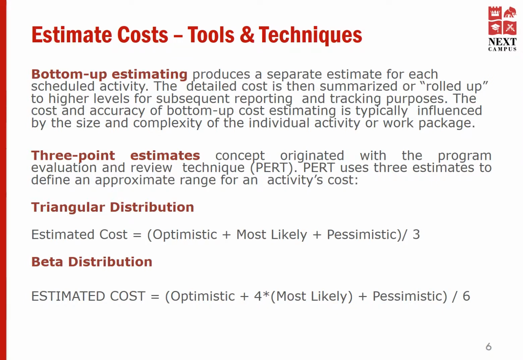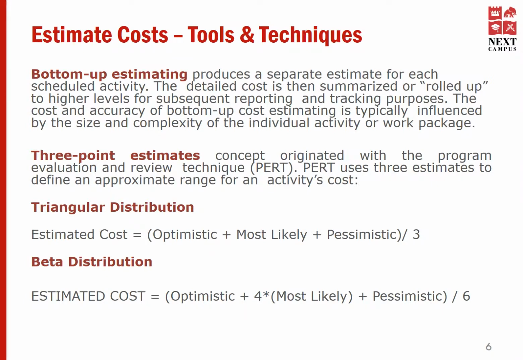Most likely, the cost of the activity based on realistic effort assessment for the required work and any predicted expenses. Optimistic, the cost based on the analysis of the best case scenario for the activity. Pessimistic, the cost based on analysis of the worst case scenario for the activity.